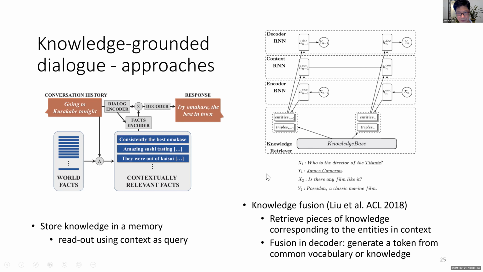The second approach that I mention here is to try to select the pieces of knowledge that happen to contain the right entity. Because if you observe your context, you will find some entities mentioned. For example, in this example, we have the entity of a movie name and also the director. So you just focus on the triples that contain those entities. This is one way to select the pieces of knowledge from the knowledge base.